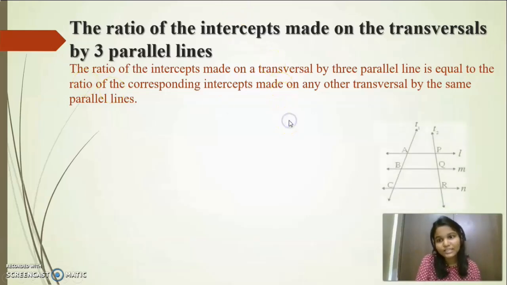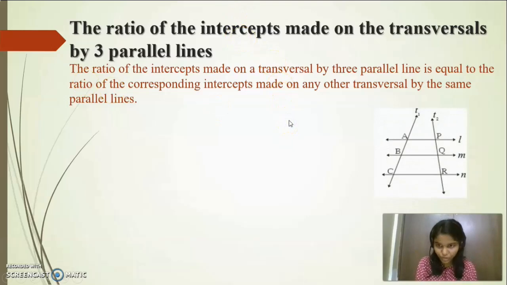So you need somewhat this type of figure. Here you can see line L, line M and line N are parallel to each other, and T1 and T2 are the transversals. This transversal is intersecting all the three lines, and even this transversal is intersecting all the three parallel lines.